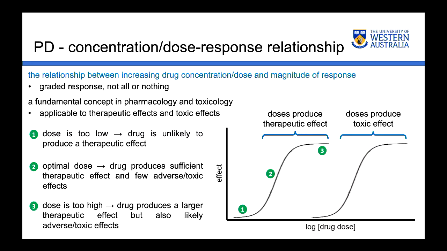As you increase the concentration or the dose of the drug, the effect will increase until it reaches a point where the maximum effect is achieved. From there, it doesn't matter how much you increase the dose, the effect will not increase further, and therefore it's pointless to continue to increase the dose if the maximum effect is already achieved.